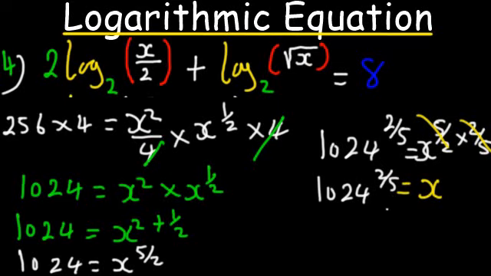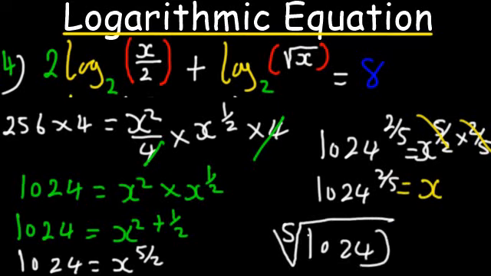To make it simple and easier, you can just type this into your calculator to get a final answer. But what it means is that you are taking the fifth root of 1024, all to the power of 2. That's exactly the value of x. The fifth root of 1024 is simply 4, and 4 squared is equal to 16.